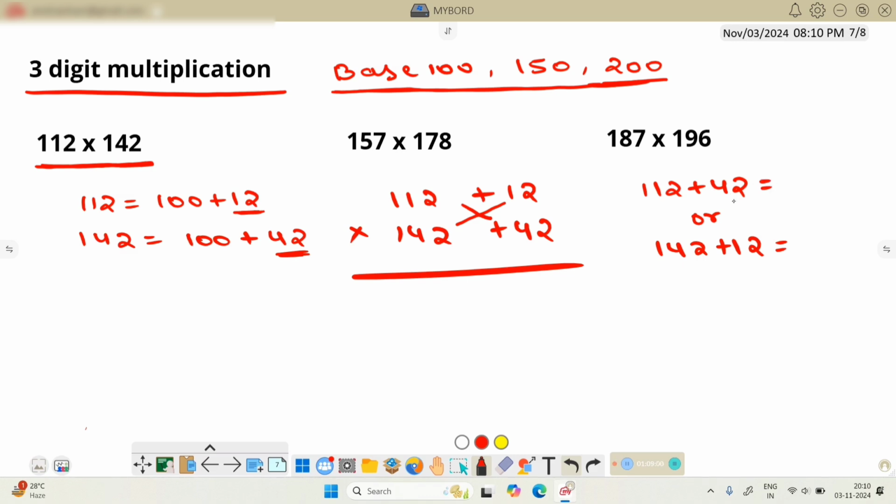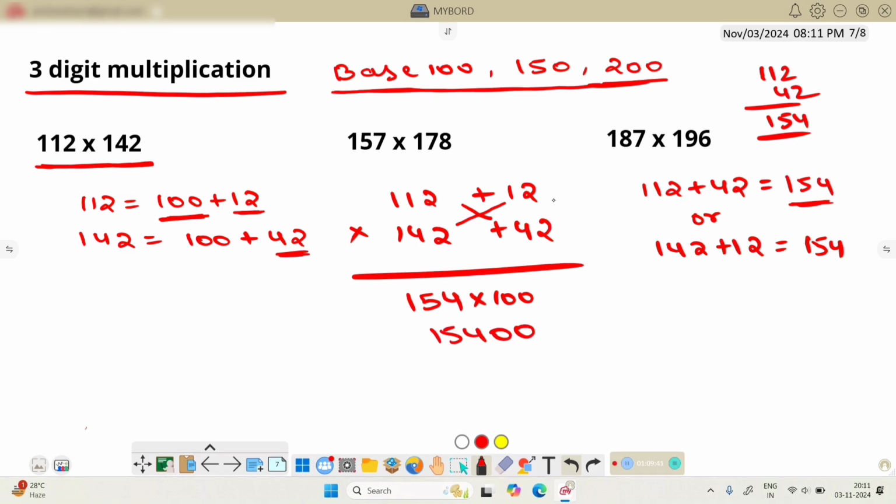So this will give you the same answer. 112 plus 42, 154, and next 142 plus 12 is 154. Okay, so anything is same. You just write this 154 here, and next here you have base 100, right? So you just multiply with 100. Okay, you just keep 2 zeros here, that is enough.